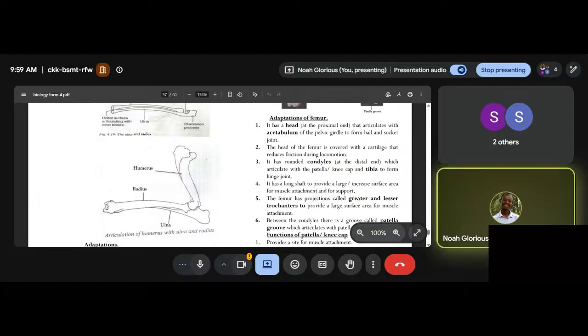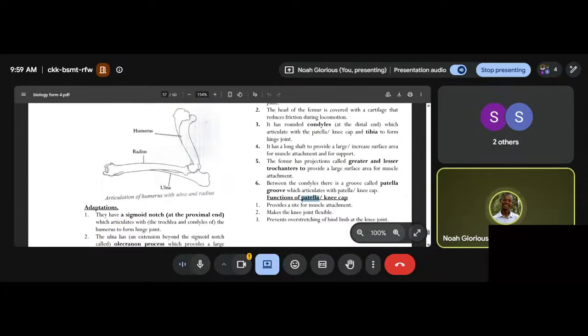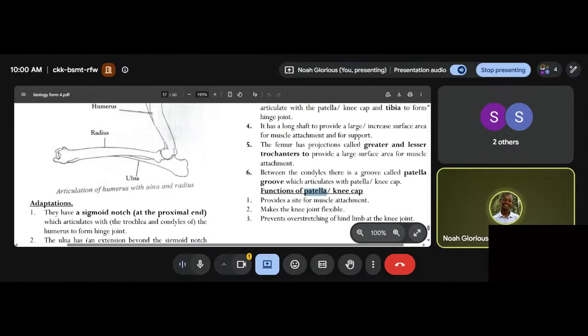And then we talked about the knee. We said a very small bone is called the patella. It has various functions: it provides a site for muscle attachment, and makes the knee joint flexible. It also prevents overstretching of the hind limb at the joint.